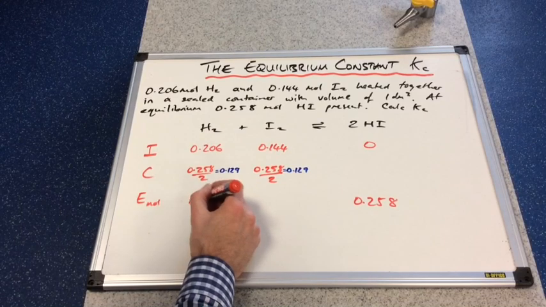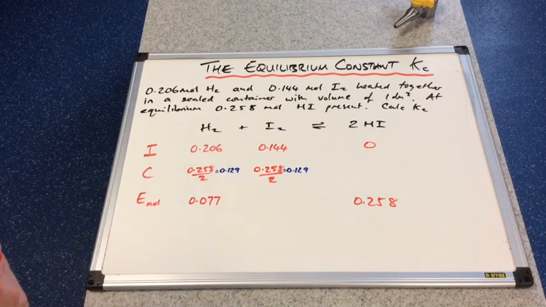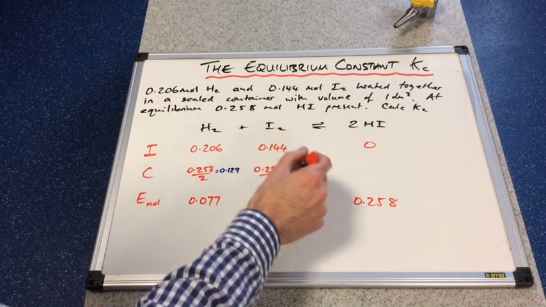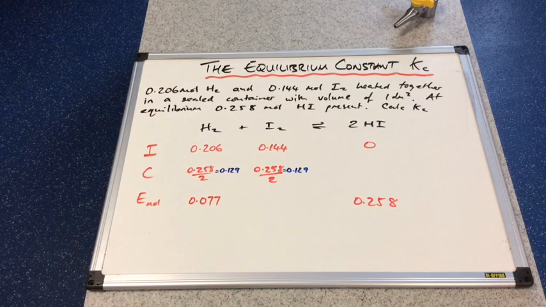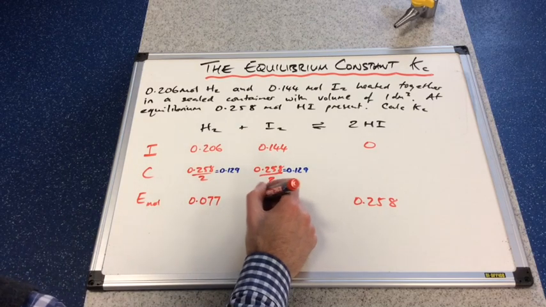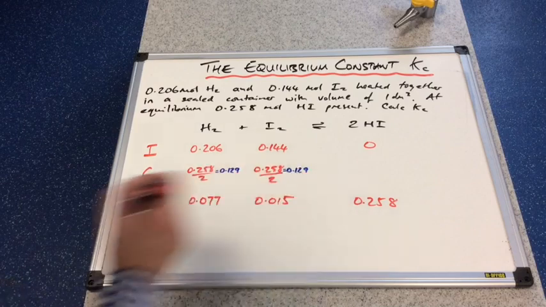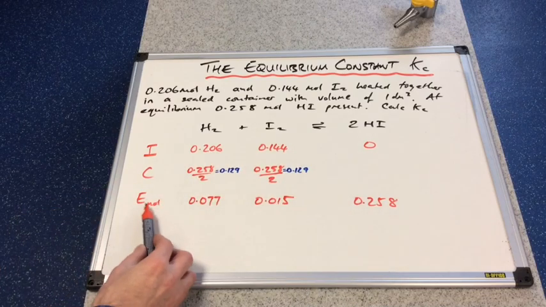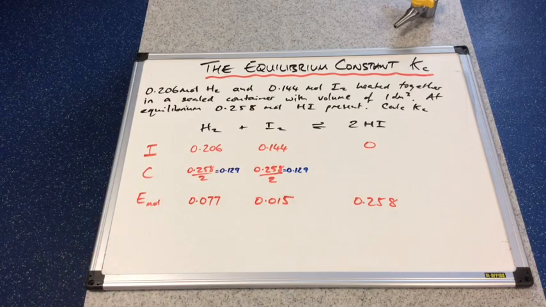So that's 0.077, and this one will be 0.144, just doing this on the calculator now, minus 0.129, which is coming out at 0.015. So we now have our equilibrium moles.